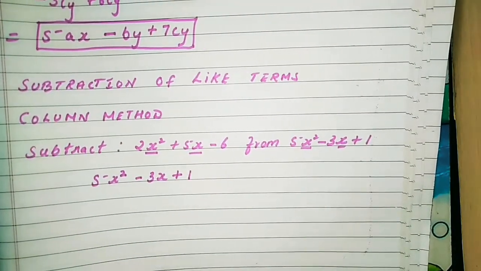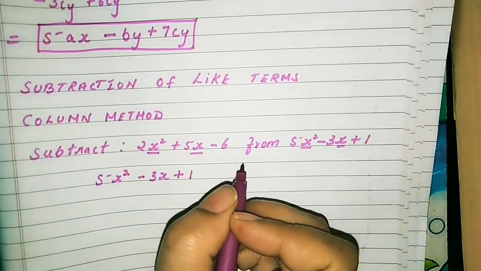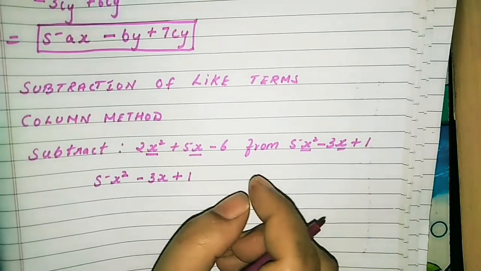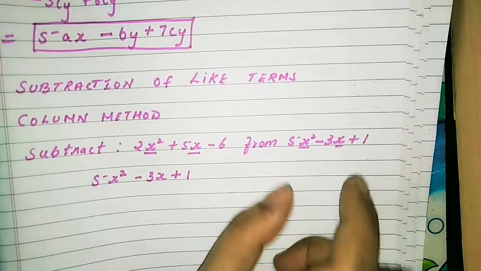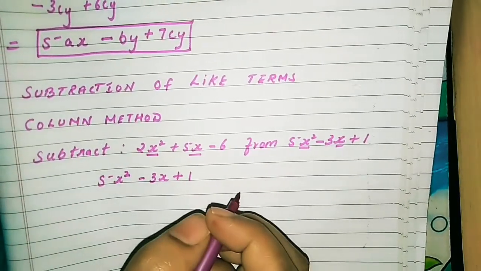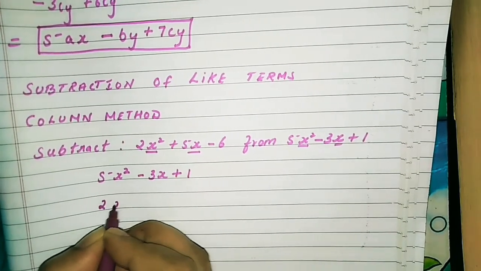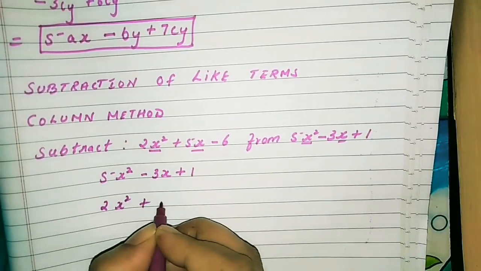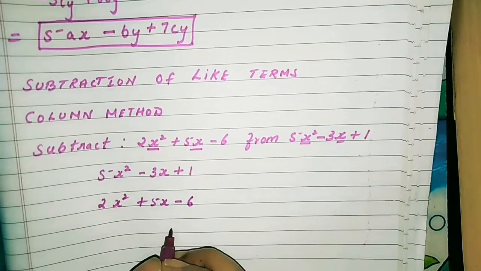Don't forget that we have to arrange the alphabetical coefficients in the same order. But no need to worry, because in this particular sum everything is given in the same order. So I'm going to write down this below that, 2x square plus 5x minus 6. Okay, now this is your first step.